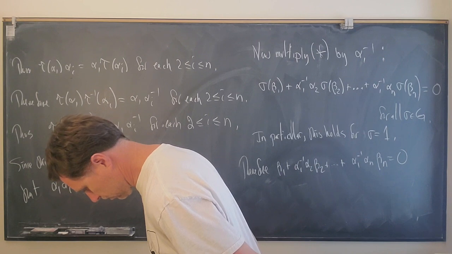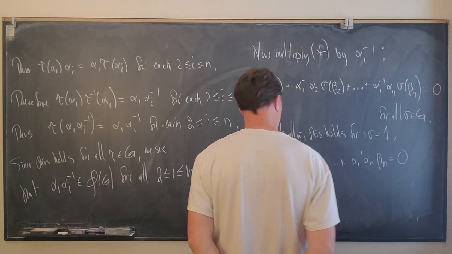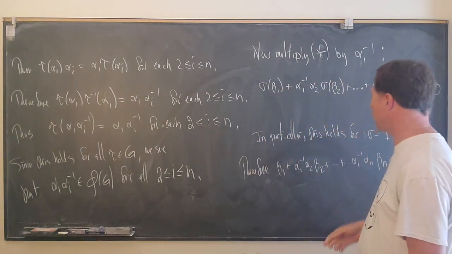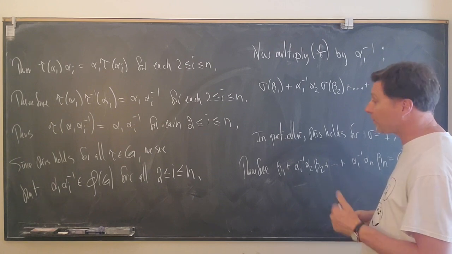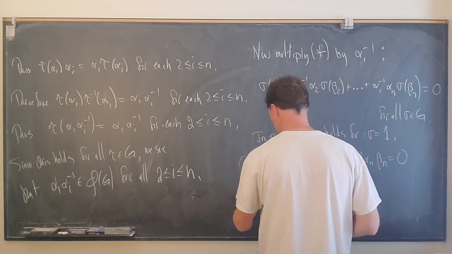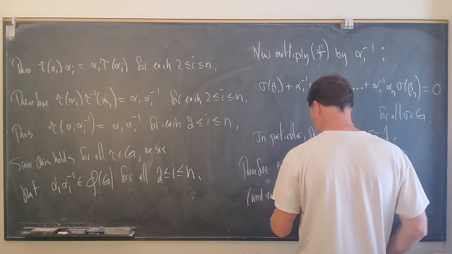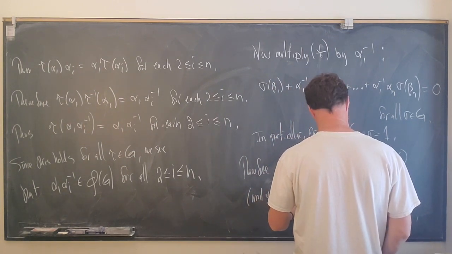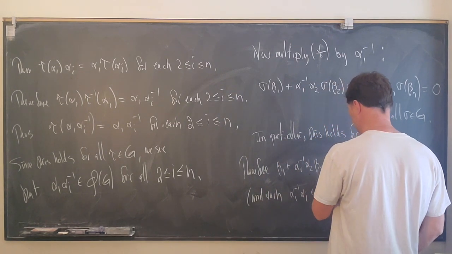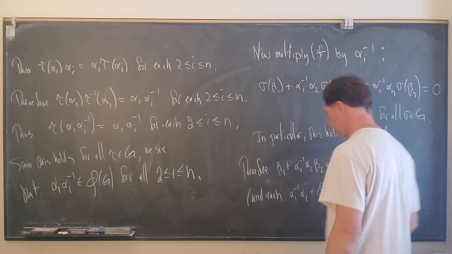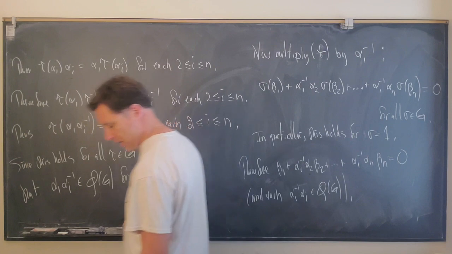And where does alpha 1 alpha I inverse come from? It comes from phi of G. So let's say each alpha 1 inverse alpha I is in phi of G. So what does that tell us then?